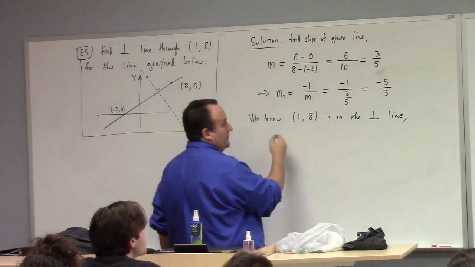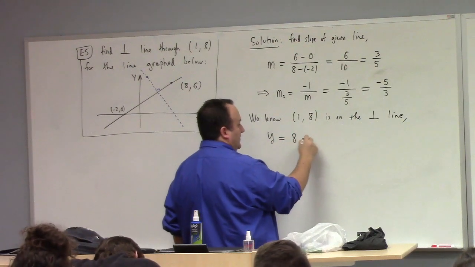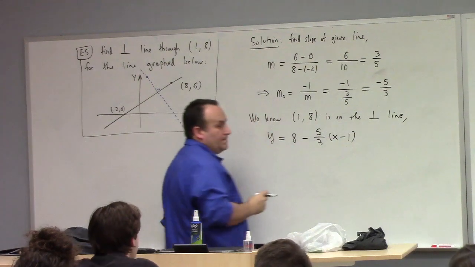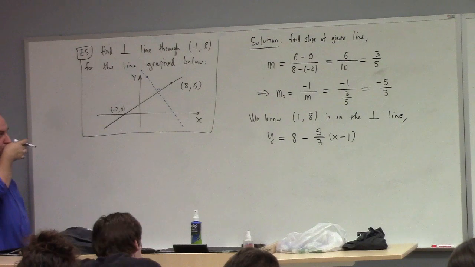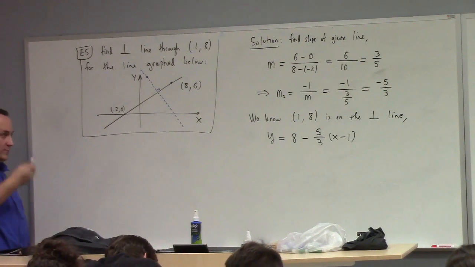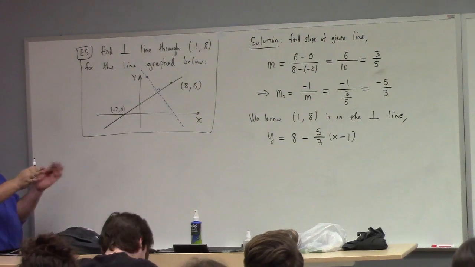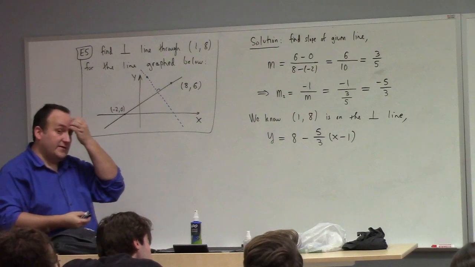So here we go: y equals 8 minus 5/3 times (x minus 1). And we could leave it like that, right? That's a perfectly legitimate answer. That's the equation of the perpendicular line.